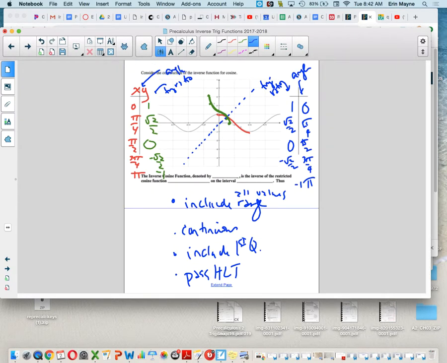So I'm going to zoom this way back. We are comparing the original cosine to what we're going to refer to in this green graph as the inverse cosine of x. We use what looks like a negative 1 as an exponent. It is not an exponent. It is a notation to indicate inverse.